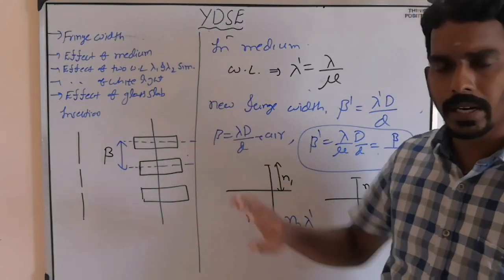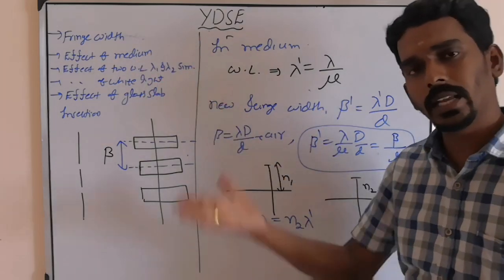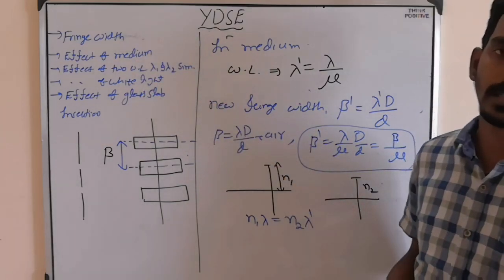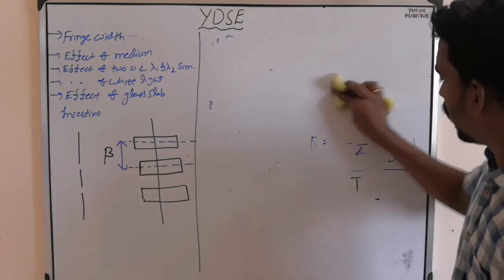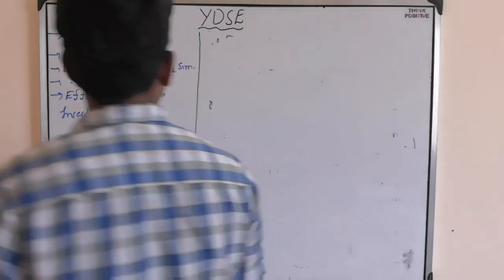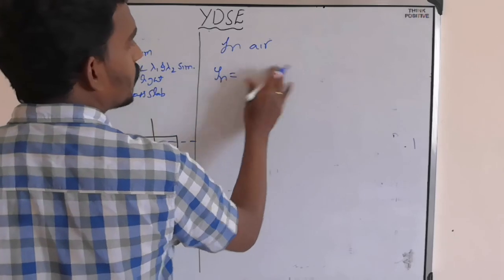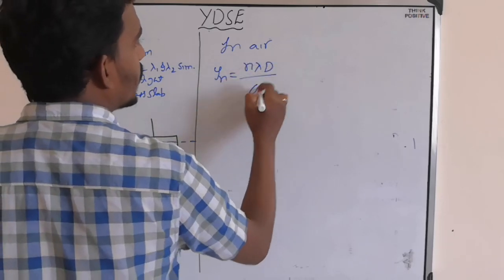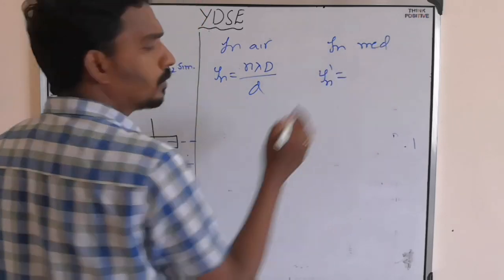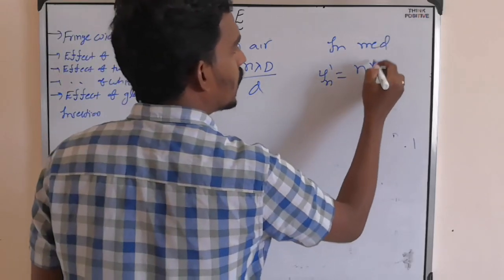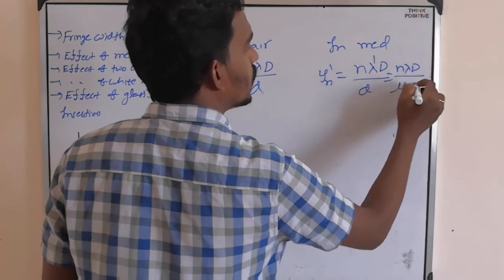Also, as we put it in a medium, the distance of the third bright fringe or seventh dark fringe, anything, will change. For example, the nth bright fringe. In air, the nth bright fringe is n lambda D by d. Now in the medium, the distance of the nth bright fringe will become n lambda dash D by d, or else n lambda D by mu d.